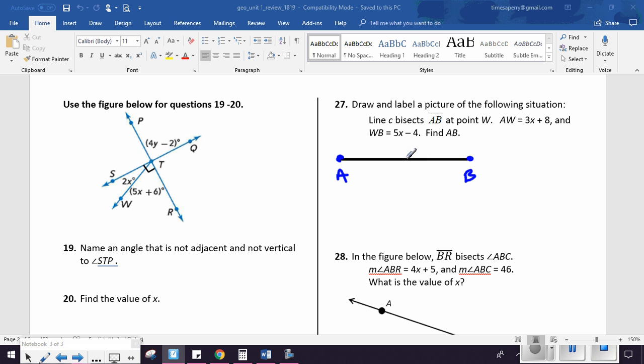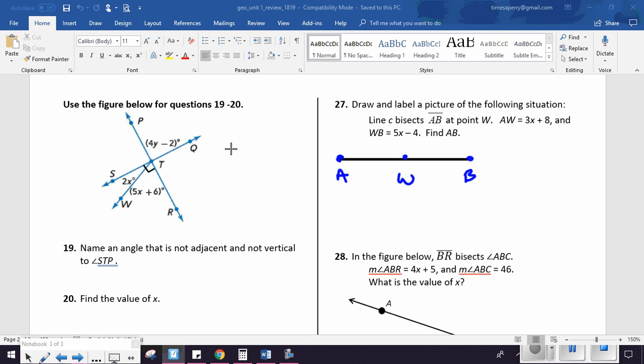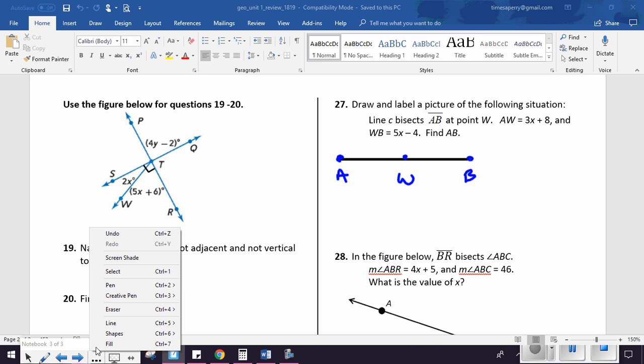We need a point W, and then we need another line bisecting. Bisect means more than intersect. It's a lot more powerful than that.